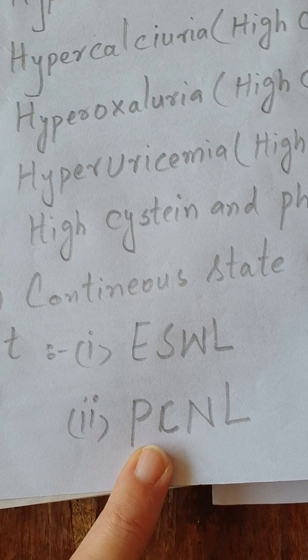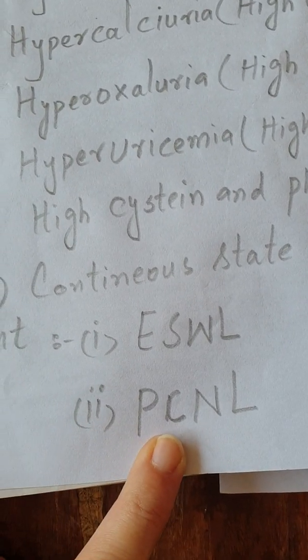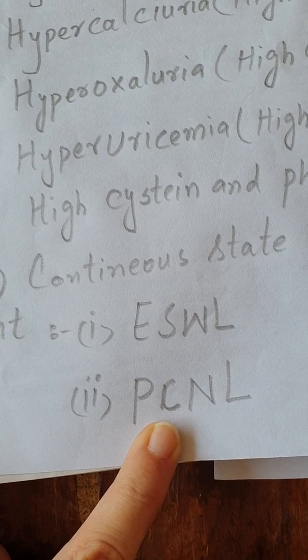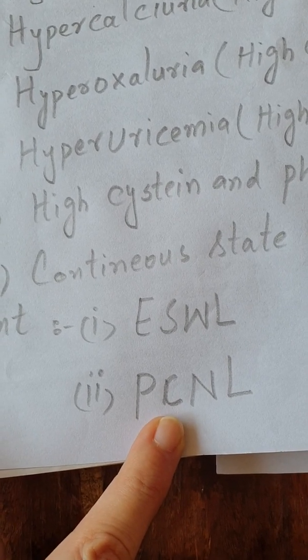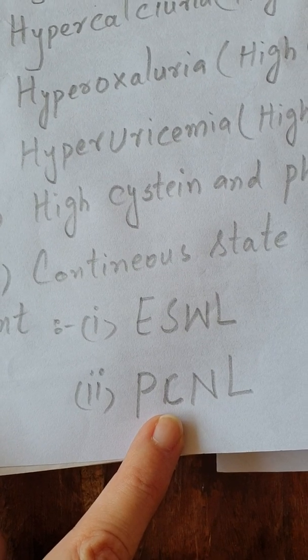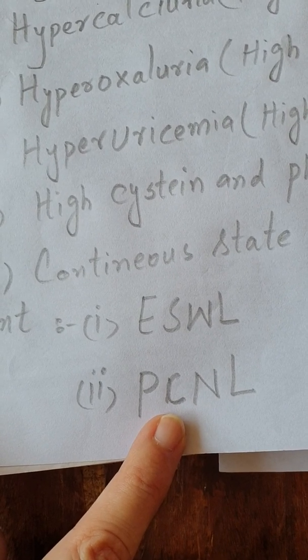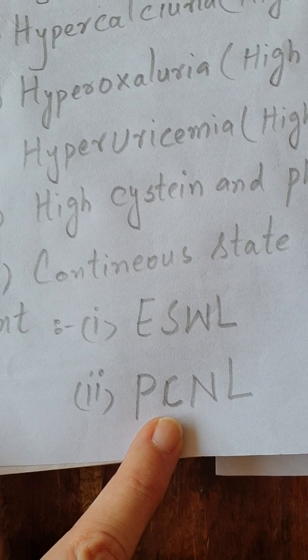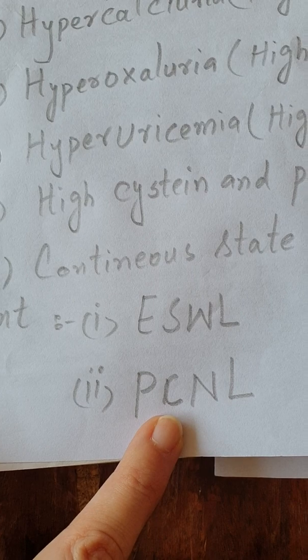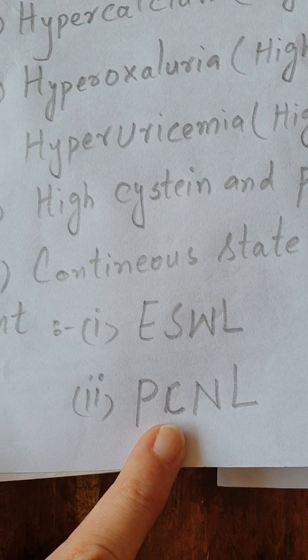What is lithotripsy? Lithotripsy is the wave shocking, when the waves are put inside the patient body and the stones are broken down into small pebbles, small sand, and that then goes out of the body of the patient.